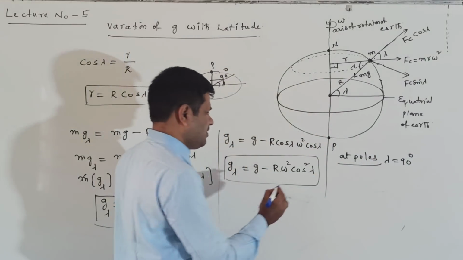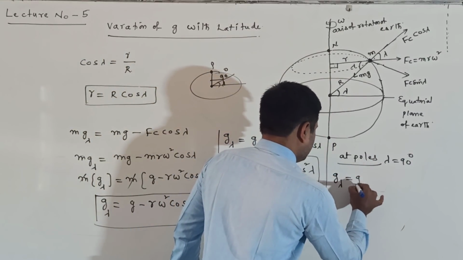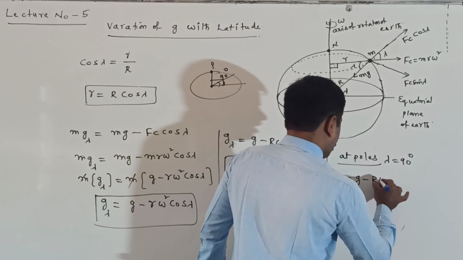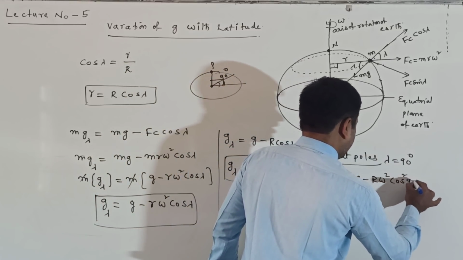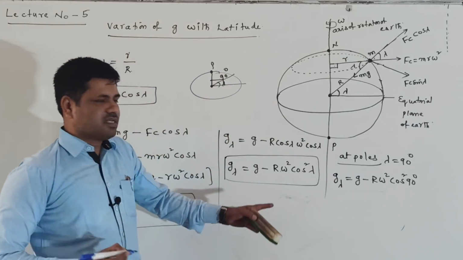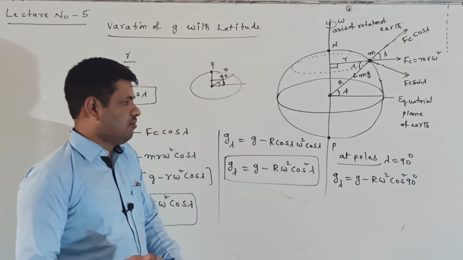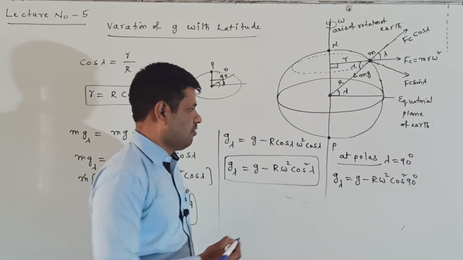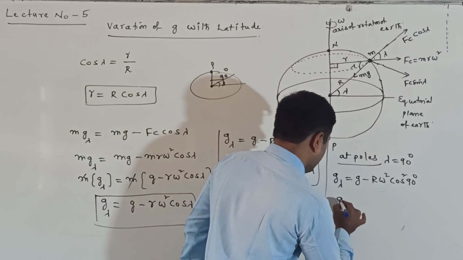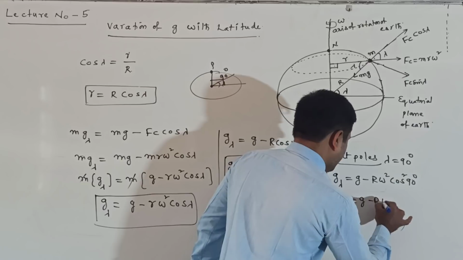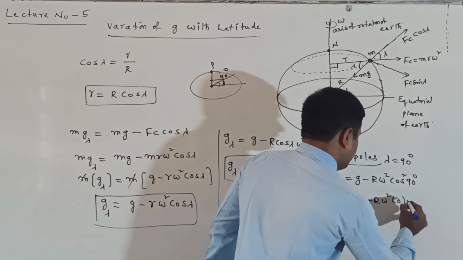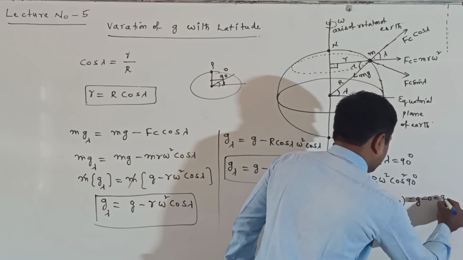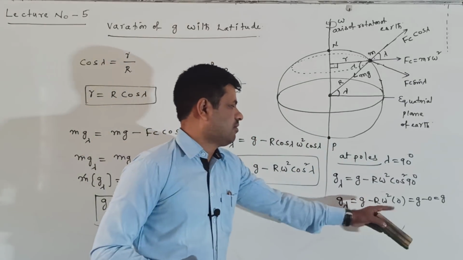Lambda equal to 90 degrees means g lambda is equal to g minus r omega square into cos square 90. Cos 90 value is 0, so cos square 90 is also 0. This total value becomes 0, so g minus r omega square into 0 equals g minus 0 equals g.